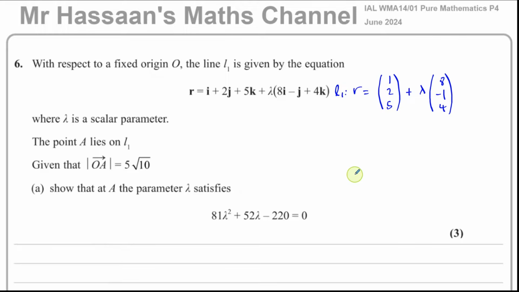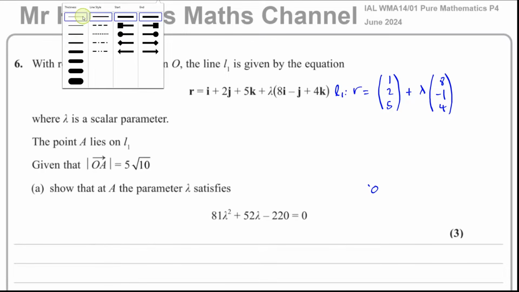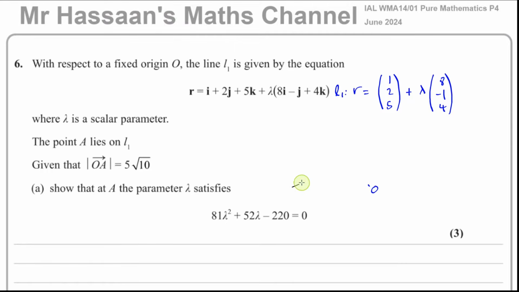If you want to picture what's happening here, say here we have the origin, and we can't actually draw these lines because they're three-dimensional. So just say this is line 1, going like this. Let's say this is the point, it could be anywhere, the point on the line (1, 2, 5). This is the position vector of a point on the line. That will take you from the origin to the line.